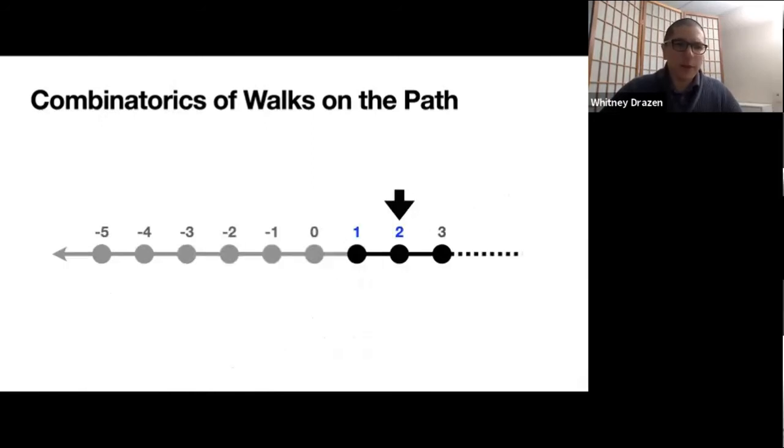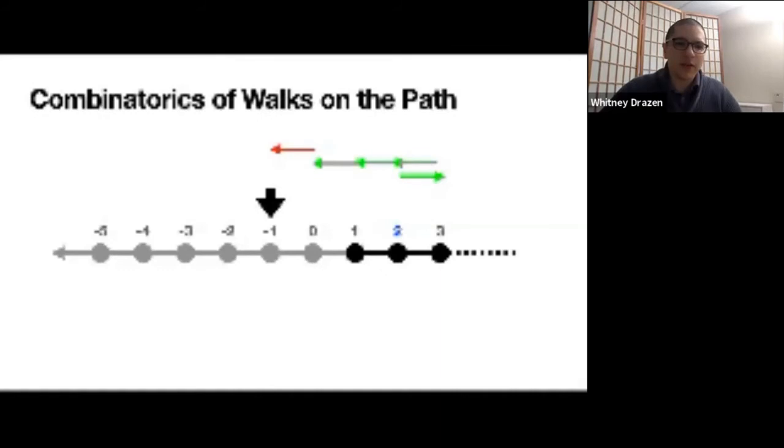Okay, so we can look at walks on the one-dimensional lattice, and that'll give us an overestimate of the number of walks total, because some of them, like this one, will leave the vertices that are in the path.